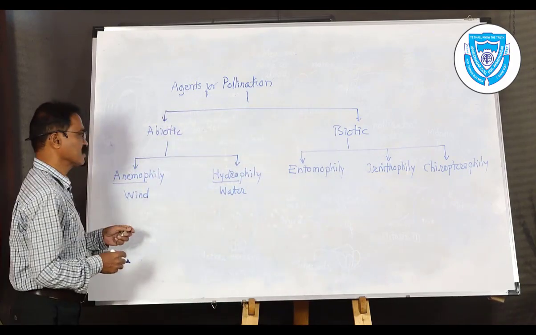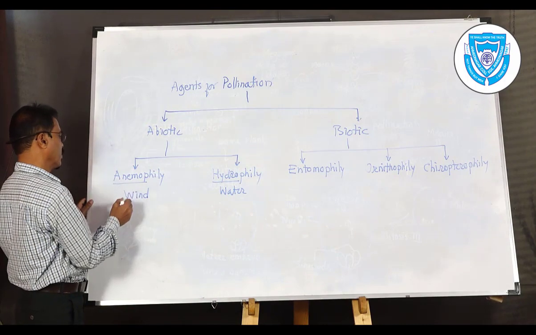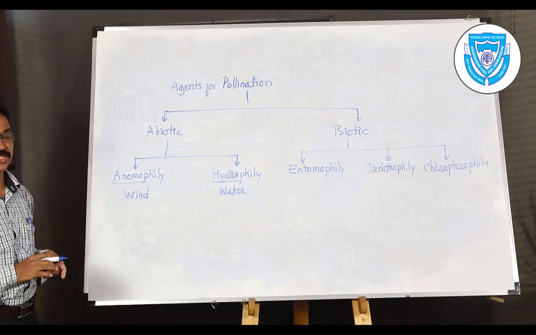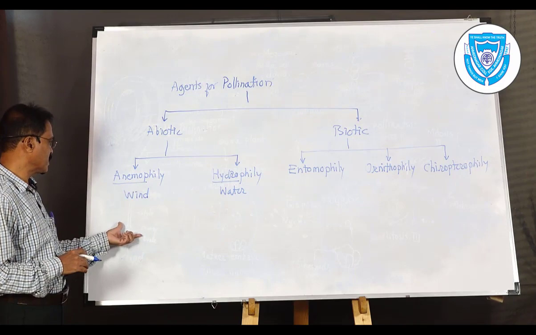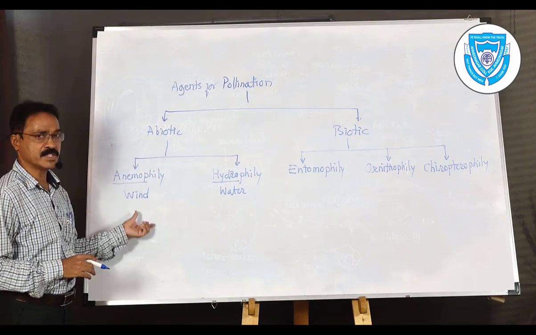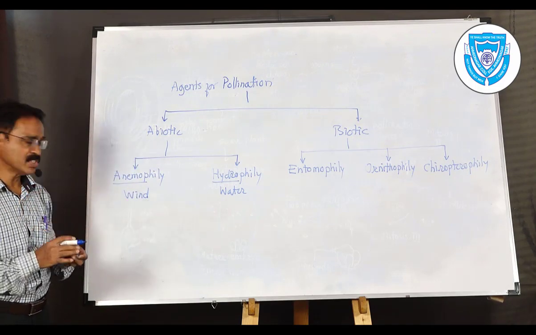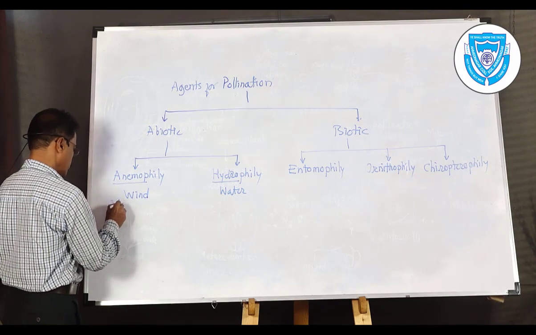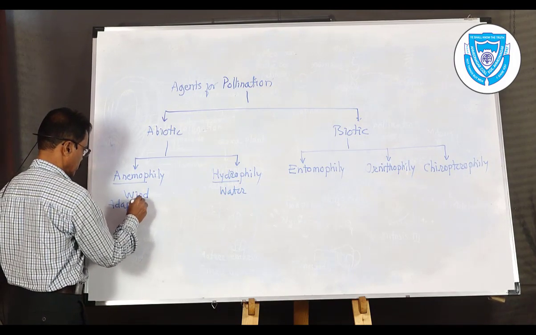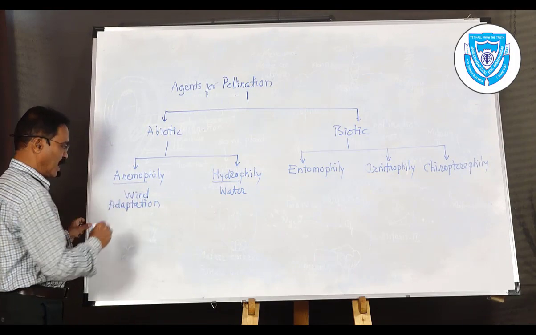So first let us discuss anemophily, where the wind is the agent for the pollination. Now certain adaptations take place because wind is non-living. The adaptations in the plants or the flowers are like this.